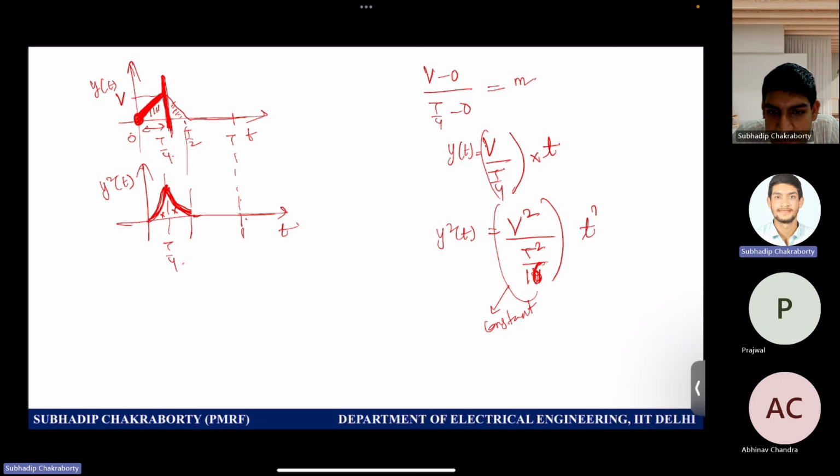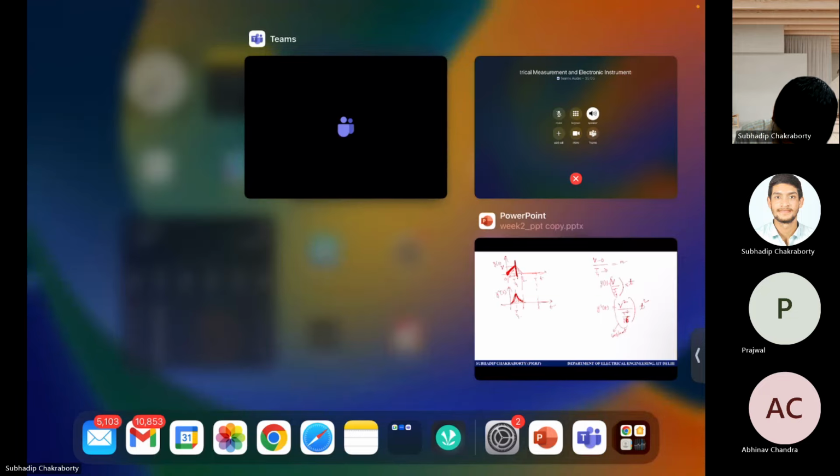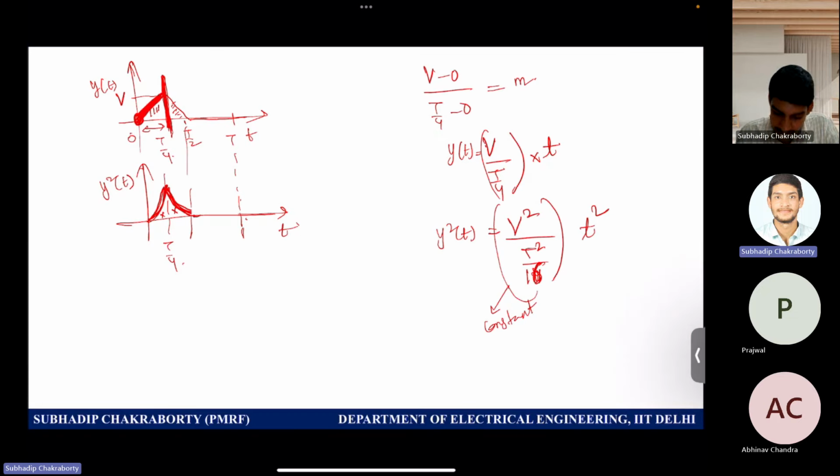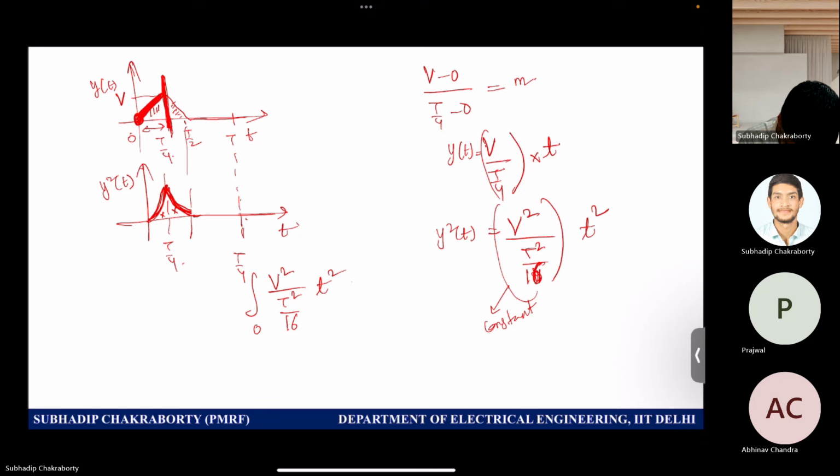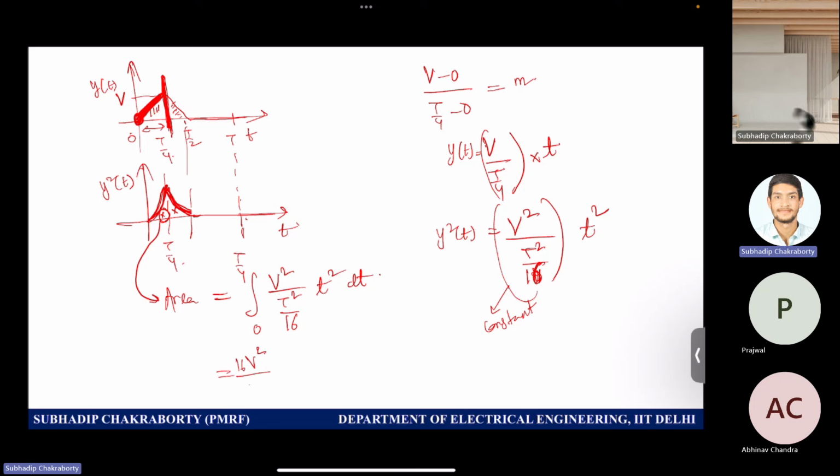Up to this is clear? Yes, sir. I hope the screen is having some latency. So let us determine the area up to T by 4 for this curve. Area, okay. What area? This cross marked area. So 16 V square by T square you take out, and this is t cube by 3, having the limit 0 to T by 4.